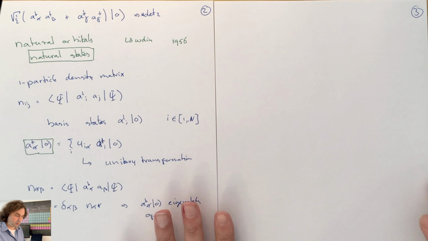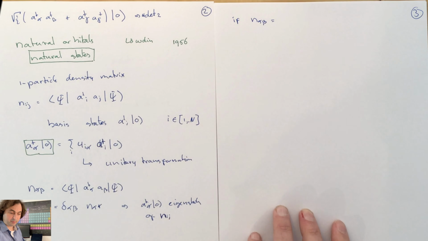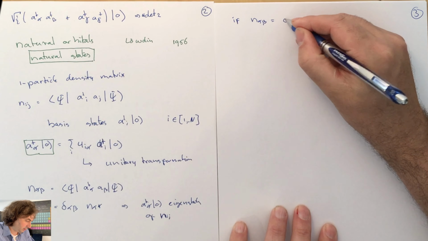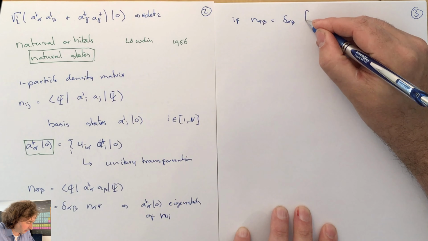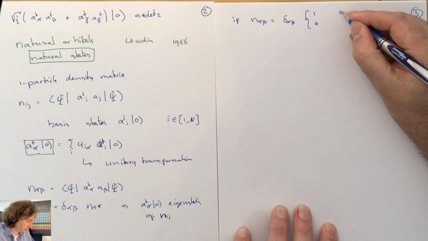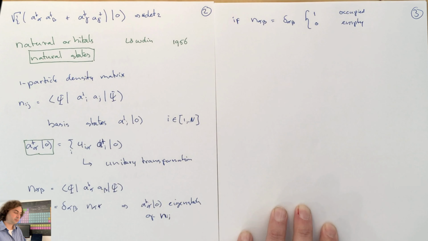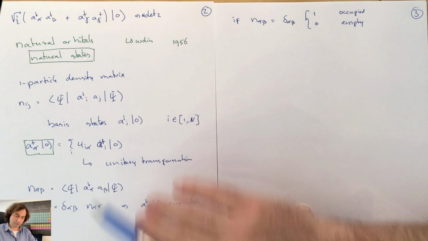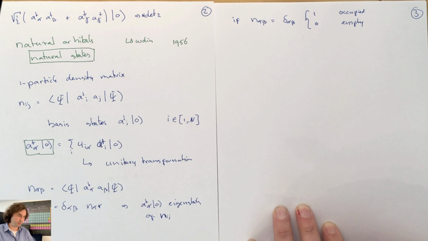Now, how can we use this basis? Well, if we find that the density matrix on a basis of the natural orbitals is given by delta alpha beta, which always will be true because these are the eigenstates of that matrix, and now our eigenvalues are either 1 or 0 for states that are occupied or for states that are empty, what we then have is that our total many-particle wave function is just given by a single string of creation operators on the occupied states and therefore single Slater determinant representable.